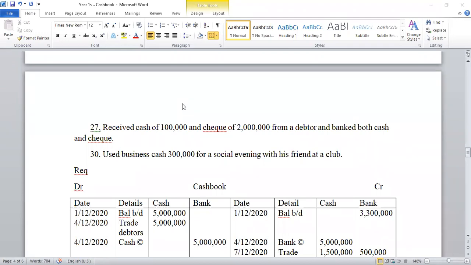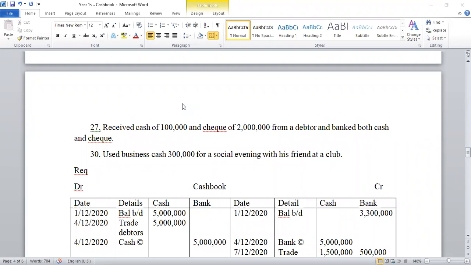With the two-column cash book, there's a unique entry which we call the contra, where you have cash and bank transactions involved. For a specific transaction, you find that the debit is in cash and the credit is in bank, or alternatively, the debit is in bank and the credit is in cash. So that's the contra.